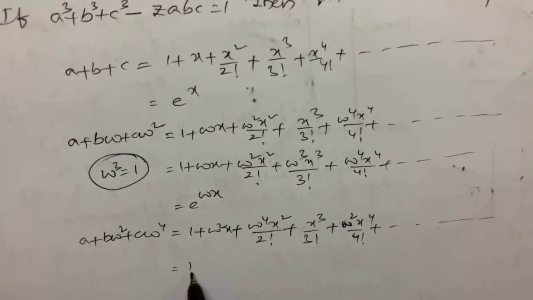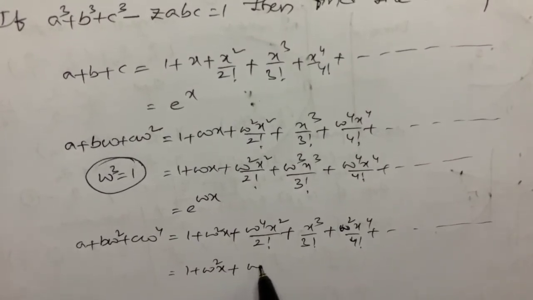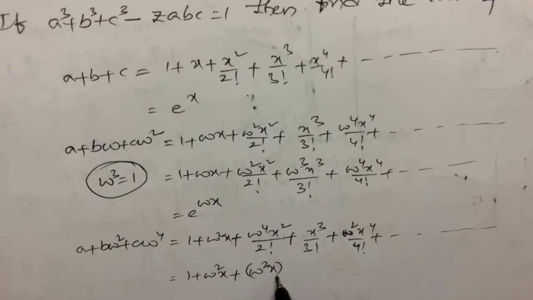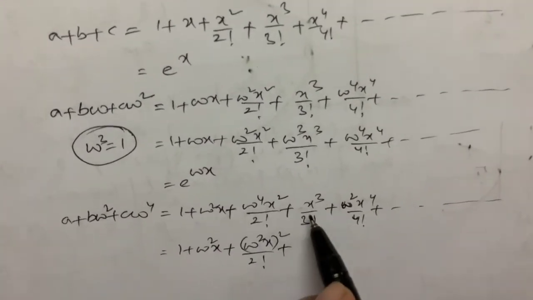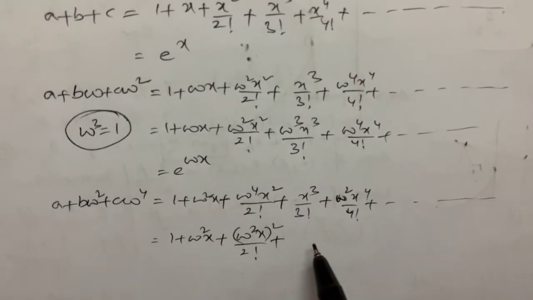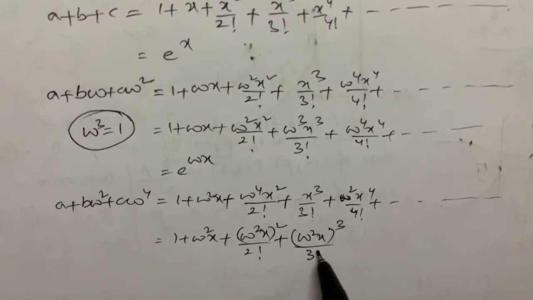We write this as omega square x, then omega square x whole square by 2 factorial, and since omega cube is 1 and omega power 6 is also 1, this is omega square x whole cube by 3 factorial.